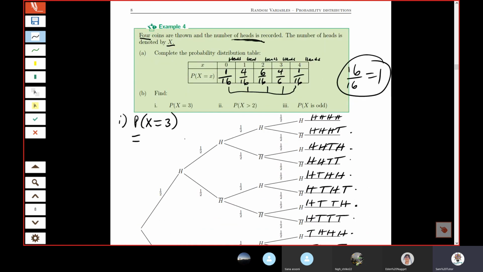Yes, keep going. Xi is 3, Tiana, and then what would you say? So we want the probability such that the number of heads, because X is the number of heads, is equal to 3.